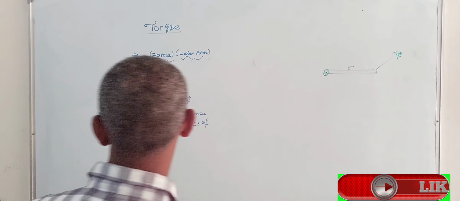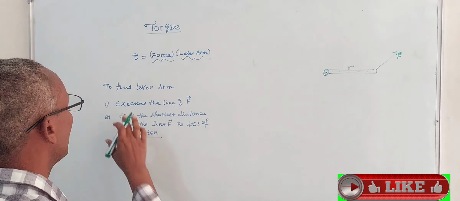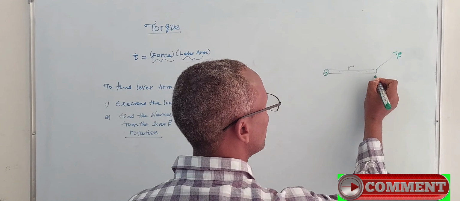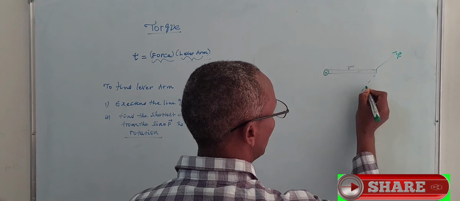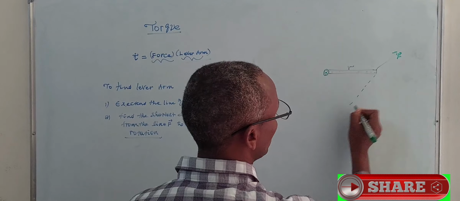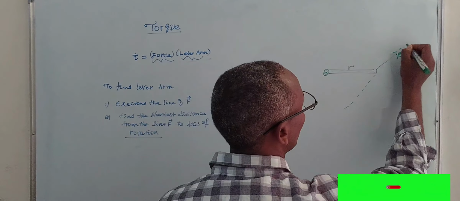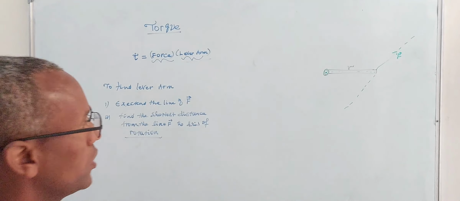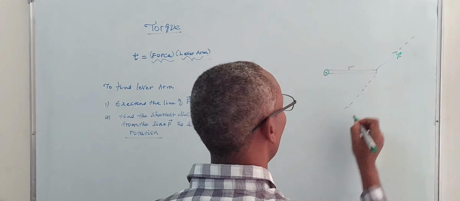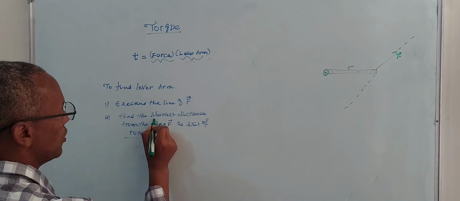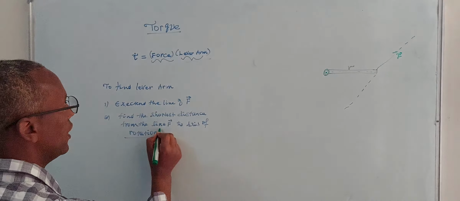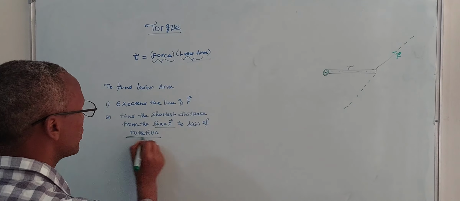What the first step says is to extend the line of force, right? Let's draw the line over here, and then you can extend it from this side as well. The next step is to find the shortest distance from the line of force to the axis of rotation, right?